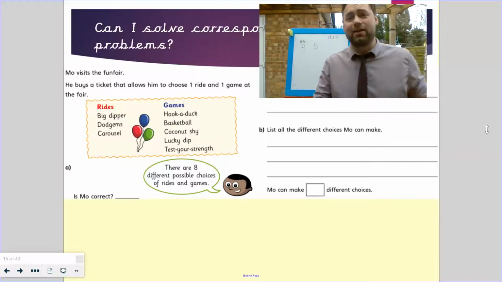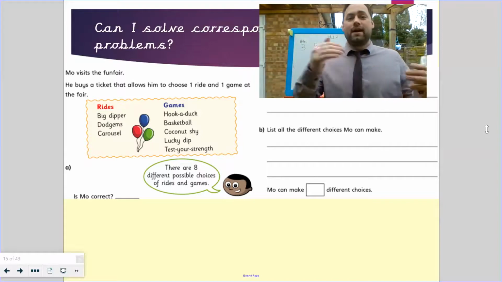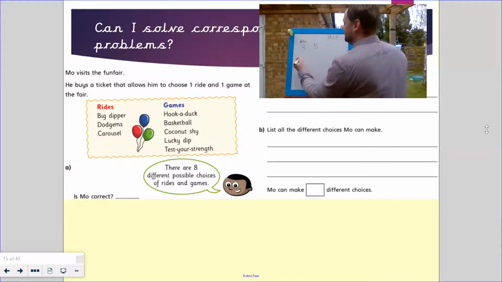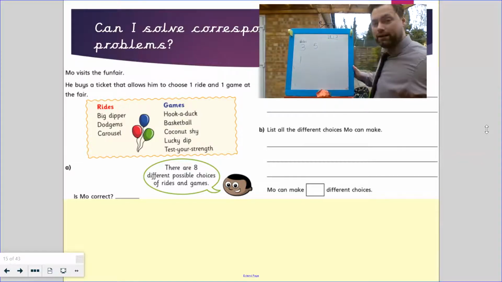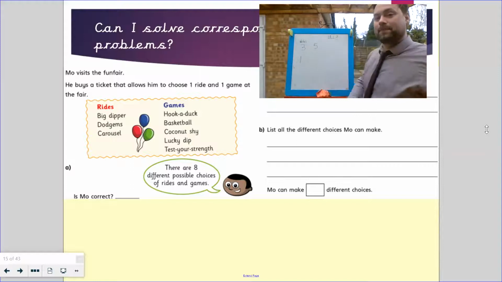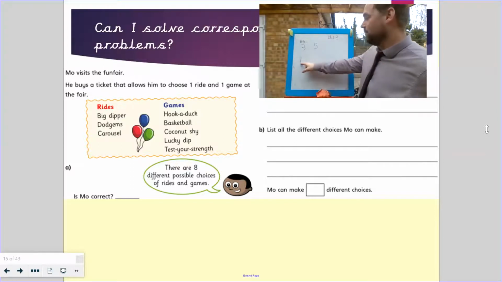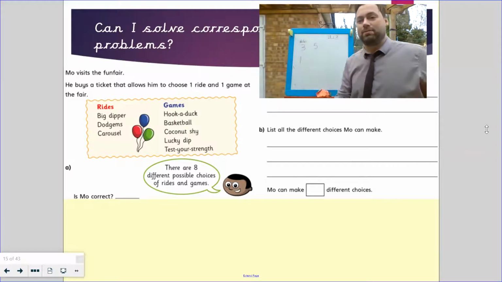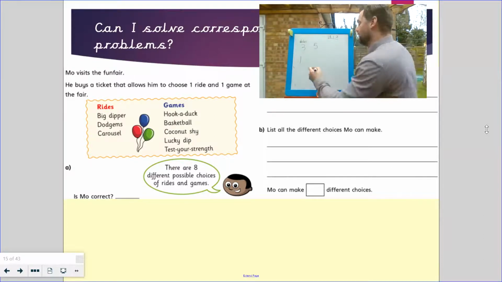He can only do 1 ride and 1 game. So he can go on 1 ride and he can play 1 game. He's got a choice of 5 games. Let's take Big Dipper. If he was on the Big Dipper, that would be his ride. He could then choose 1 other game to play, and he's got a choice of 5 there.